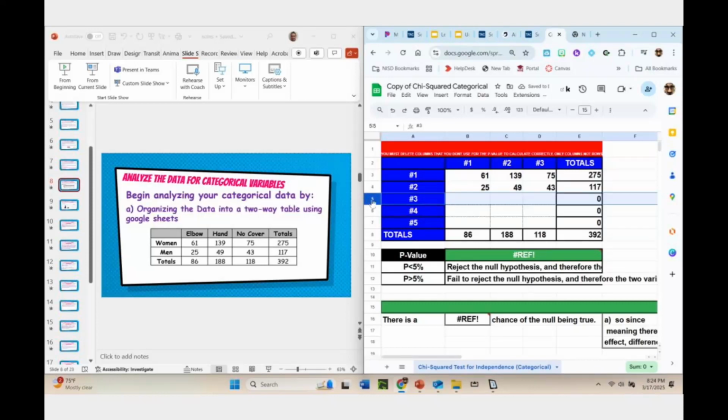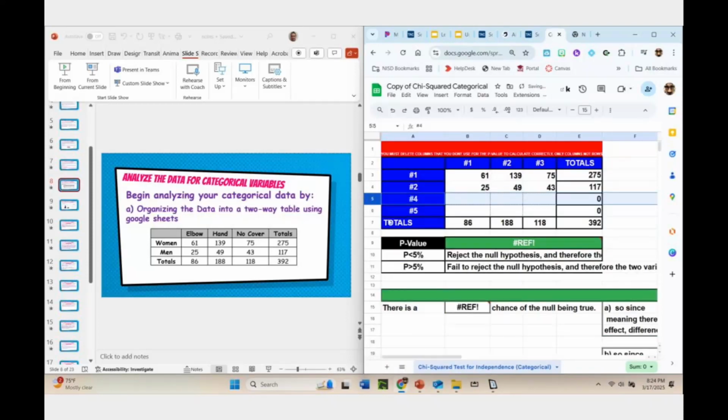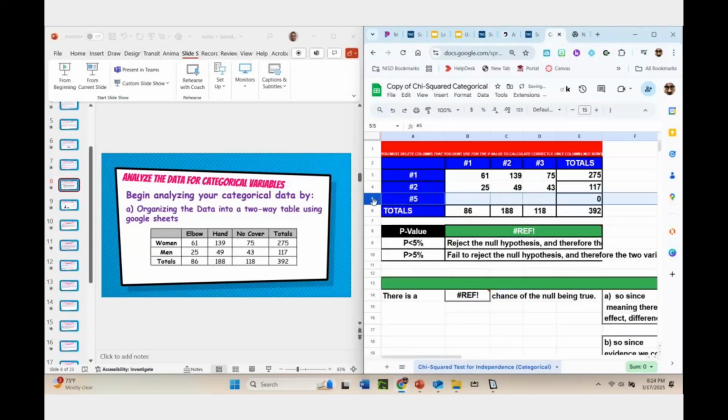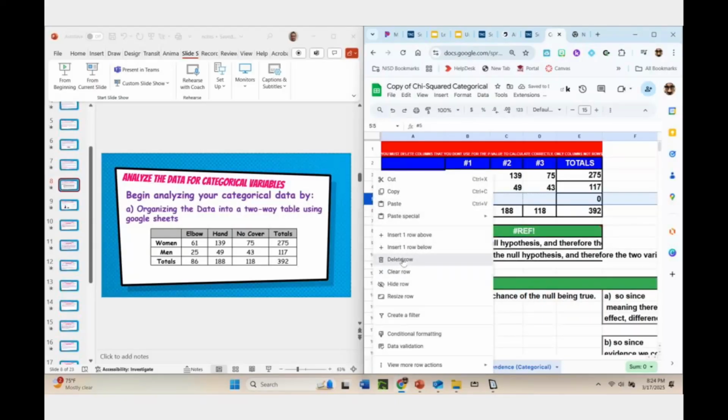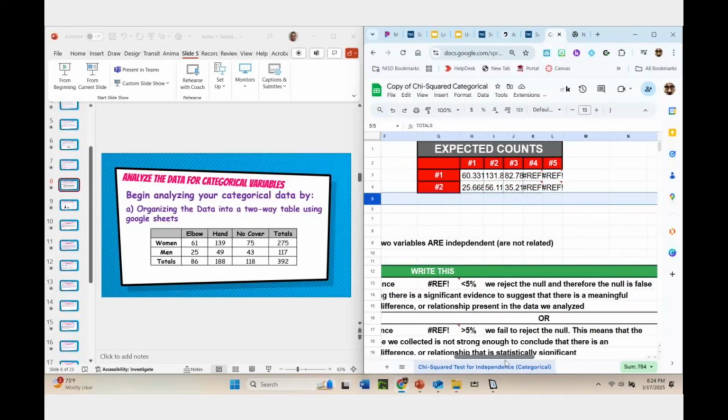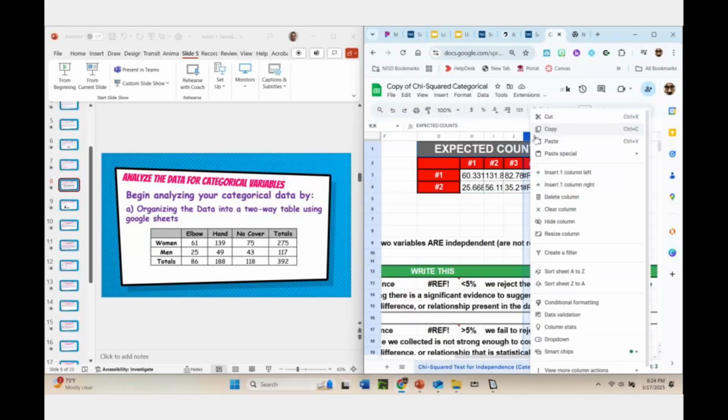You don't have to save this. I'm going to delete any unused rows and columns by right-clicking on them and making my two-way table have as many rows and columns as what I actually have. So notice I have all my rows and columns with my totals. They should match. Then I also need to go over here, and where you see this #REF, we also need to delete those columns as well. Columns are the vertical ones.